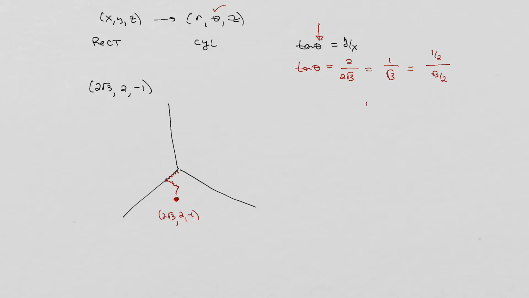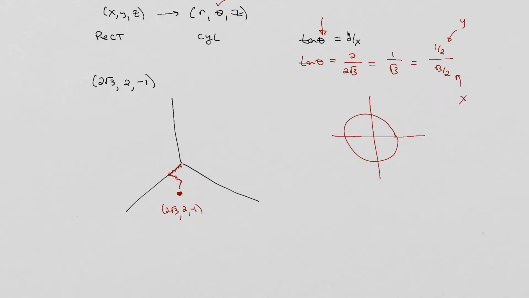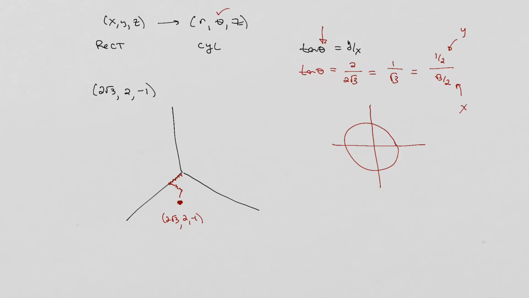So what we need to do is think about my unit circle. Where is the y value 1/2 and the x value square root of 3 over 2? So I go x square root of 3 over 2, 1/2, puts me right there. So that says that theta equals pi over 6.